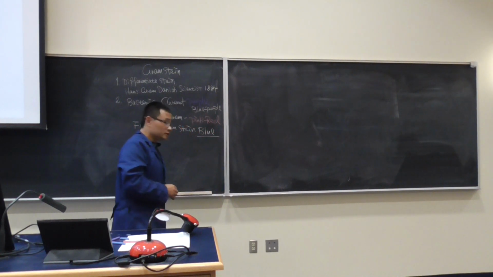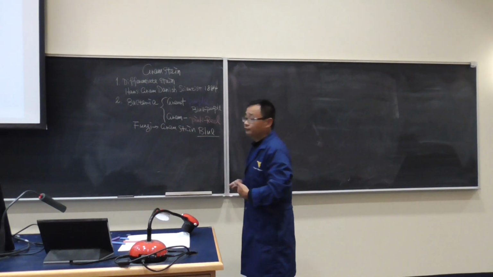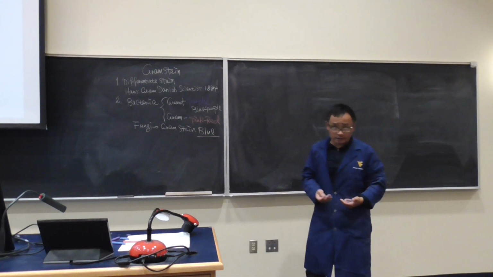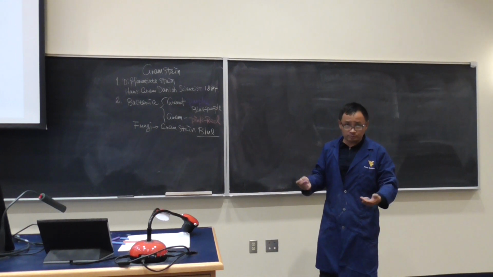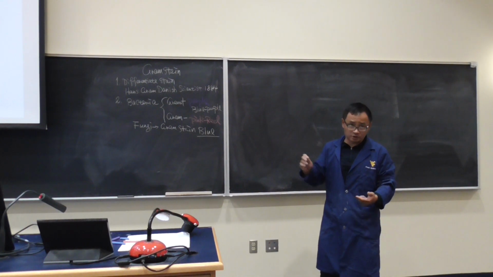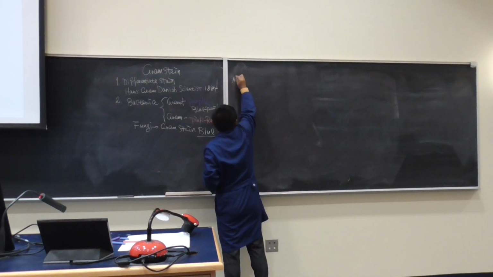Now, what are the major steps of the gram stain? Of course, we have to do the air dry, heat fixing, all those traditional procedures, same as a simple stain. But there are 4 major steps for a gram stain.